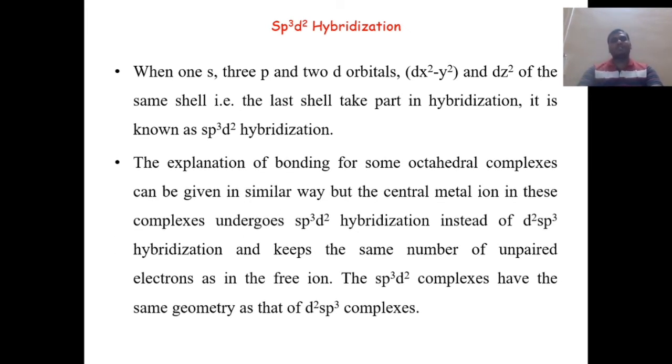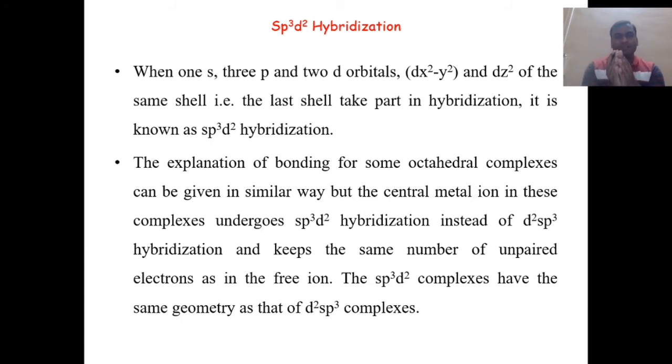The explanation of bonding for some octahedral complexes can be given in a similar way, but the central ion in these complexes undergoes sp3d2 hybridization instead of d2sp3 hybridization and keeps the same number of unpaired electrons as in the free ion. The sp3d2 complexes have the same geometry as the d2sp3 complexes.